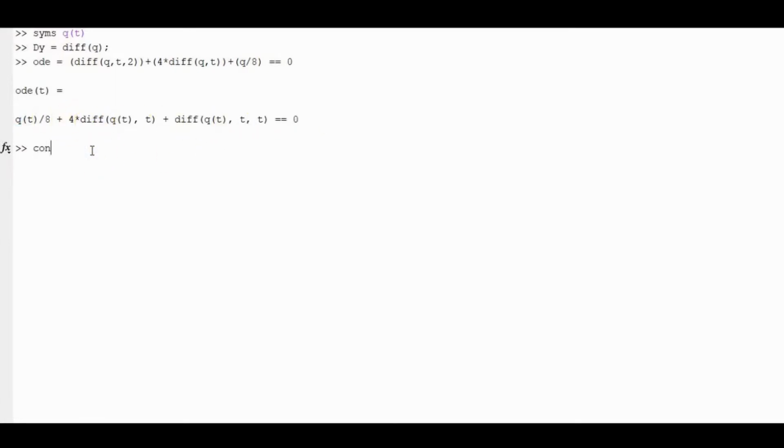Then we'll be defining the initial value conditions. Then we will be joining these two conditions as one.